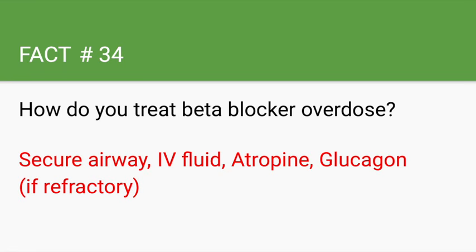So for patients with this condition, they present with bradycardia, hypotension, wheezing, hypoglycemia, delirium, seizures, and cardiogenic shock. So typically, IV glucagon is second line if there is profound or refractory hypotension.